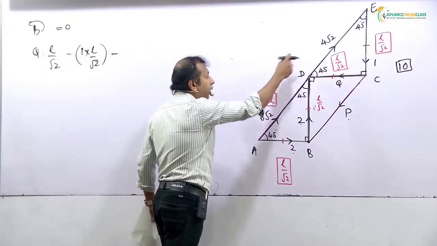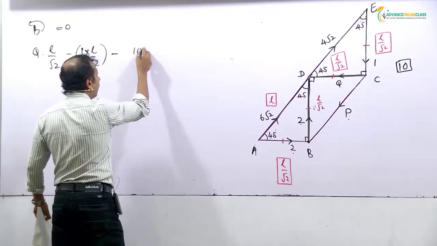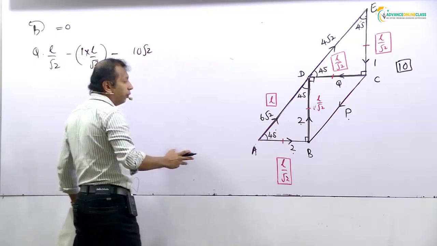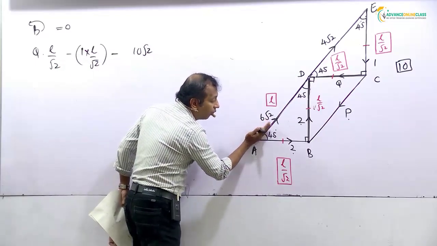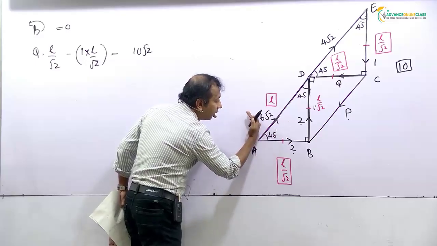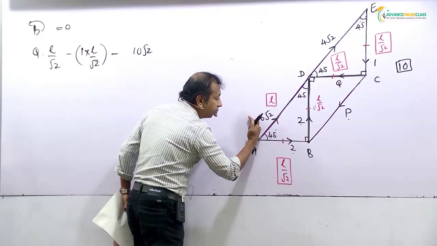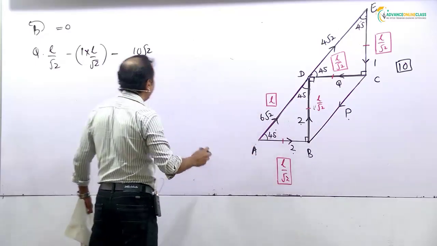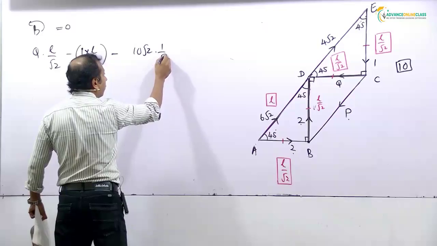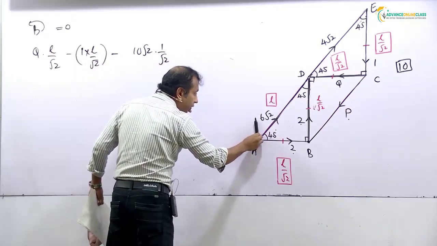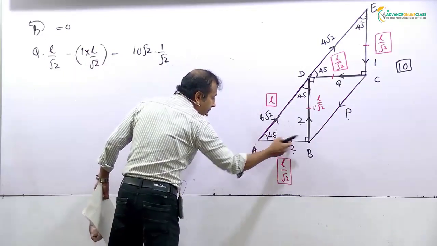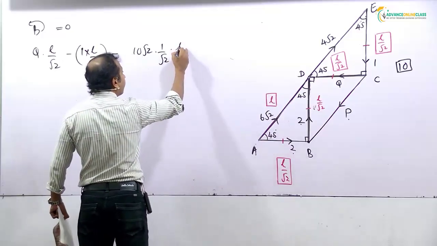Sum of the forces 10 root 2. We resolve that force horizontally and vertically. Horizontal component passes through B, no moment. Vertical component 10 root 2 sin 45. Sin 45 means 1 over root 2. That force acts here this way. To that, the perpendicular distance is L over root 2.